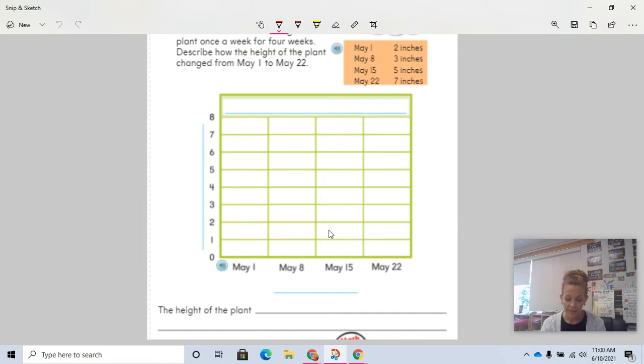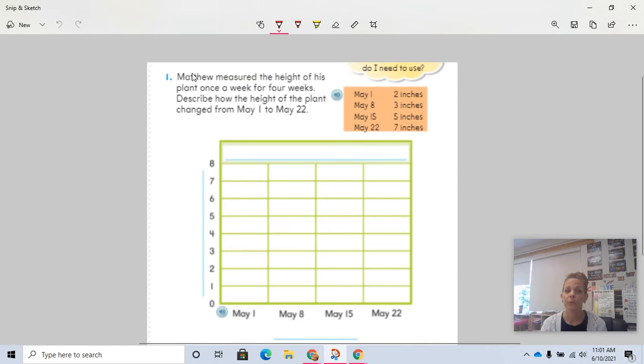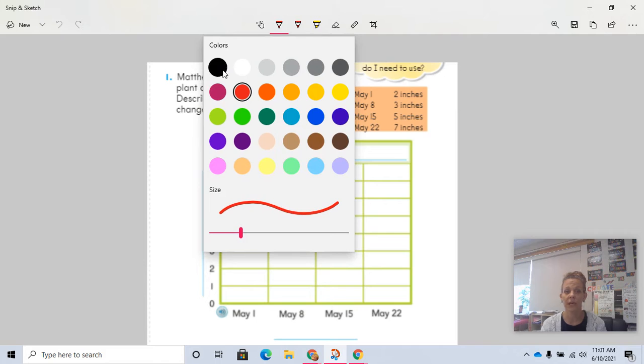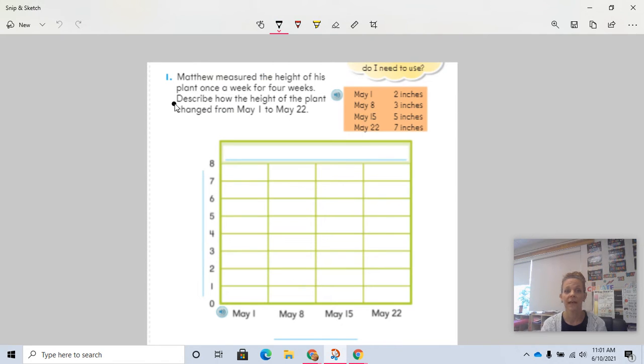So on this side for try another problem, we went through and looked at our problem. We underlined where it says, describe how the height of the plant changed from May 1st to May 22nd.